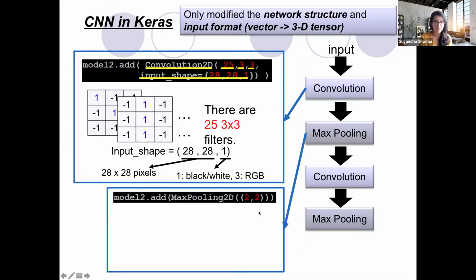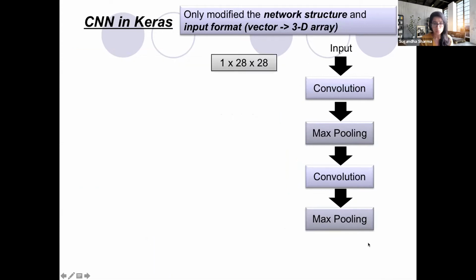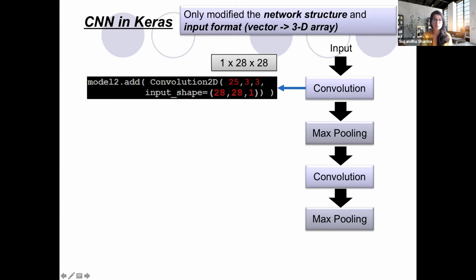And then you apply max pooling by adding a max pooling layer. Here you've specified the dimensions of the region on which you want to apply the max pooling operation, which here is 2 by 2. So you just take every 2 by 2 region in the output and apply max pooling on it. We can imagine that if given a 1 by 28 by 28 input, we pass it through the convolutional layer, the output is going to be 25 by 26 by 26.